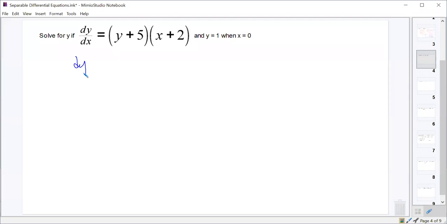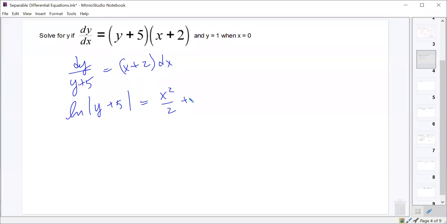So we got dy over y plus 5 equals x plus 2 dx. Everybody good there? Separating variables, giving us natural log absolute value y plus 5 equals x squared over 2 plus 2x plus a constant.